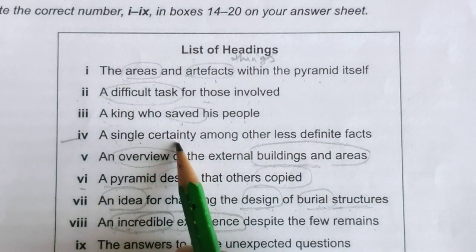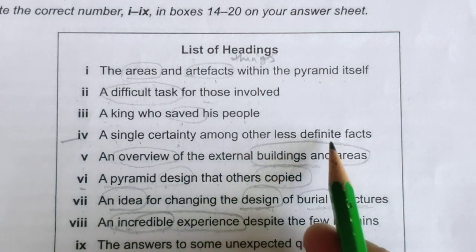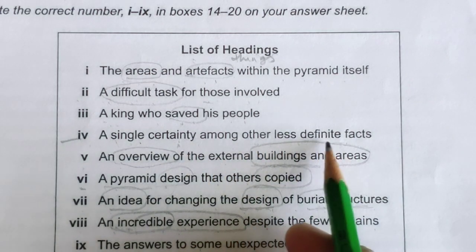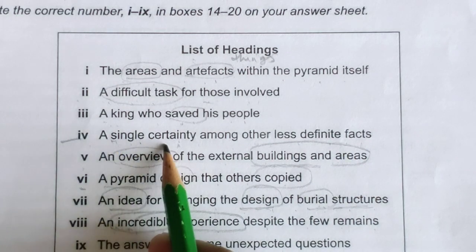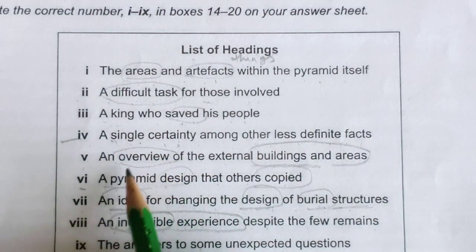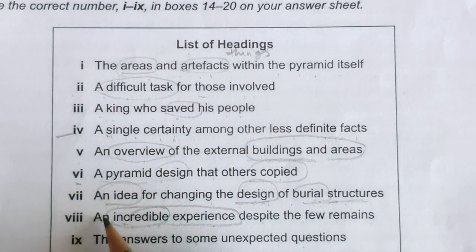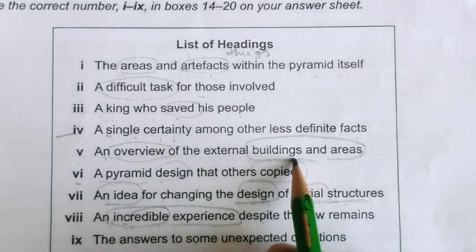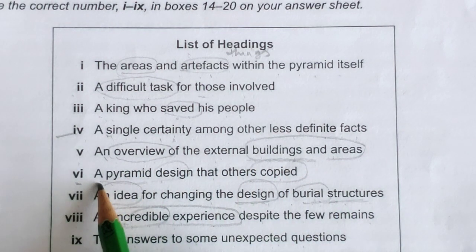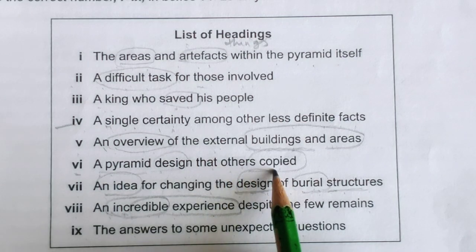A single certainty among other less definite facts. Single certainty. Okay, let's read it again. The next one, an overview of the external buildings and areas. No. A pyramid design that others copied.